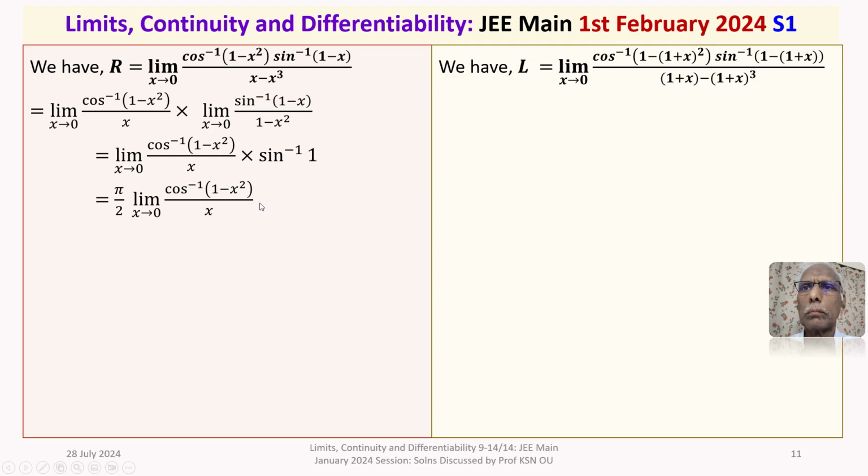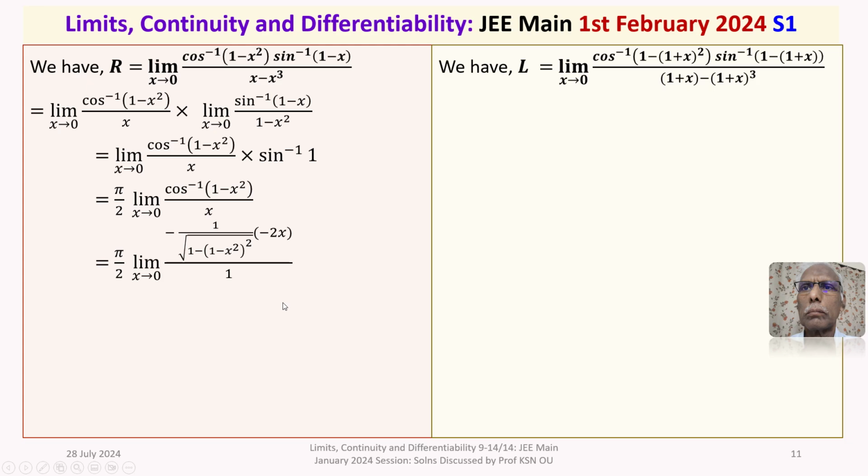That is, pi by 2 into limit x tends to 0, the derivative of the numerator by the derivative of the denominator. Pi by 2 into limit x tends to 0, the derivative of cos inverse of (1 minus x square) is minus 1 by under the square root of 1 minus (1 minus x square) whole square, into the derivative of minus x square, which is minus 2x, by 1.